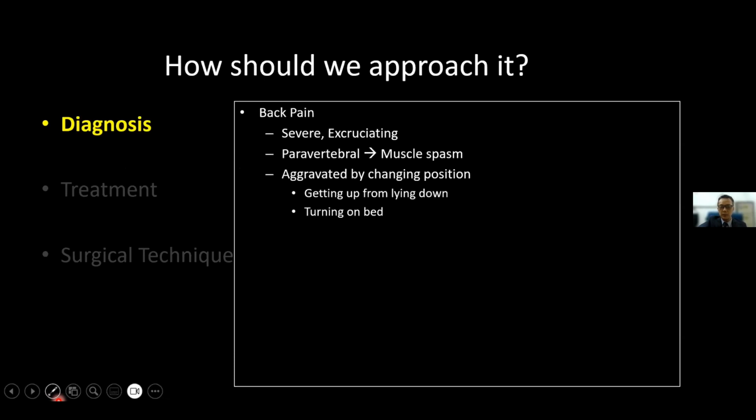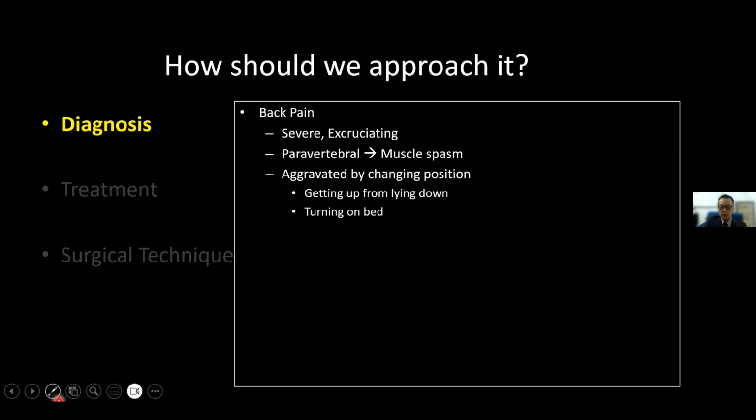This pain may not be located at the site of the fracture, but further down near the paravertebral muscle at the junction between the lumbar spine and the pelvis. It is especially aggravated by changing position, when the patient tries to get up from bed, turning in bed, or getting up from a sitting position.